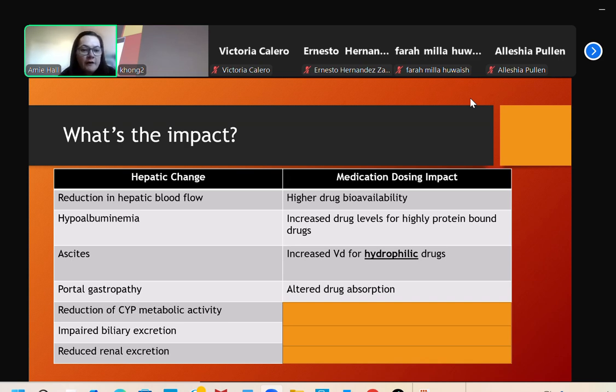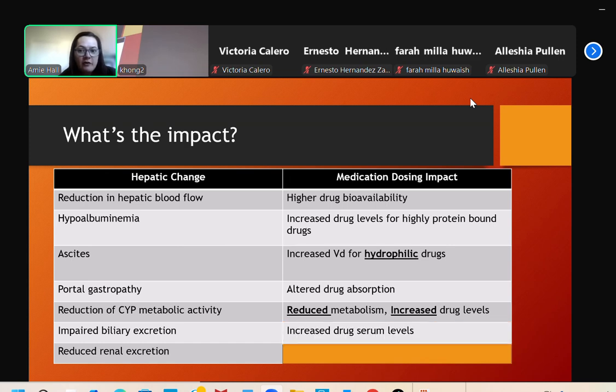So in general, if we have reduced CYP activity, we're going to have reduced metabolism, so then we're going to have increased drug levels in general. Right? If we don't have the biliary excretion, we're going to have increased drug levels. And if we are going into hepatorenal disease, we're going to see reduced renal excretion, which can also increase drug serum levels.